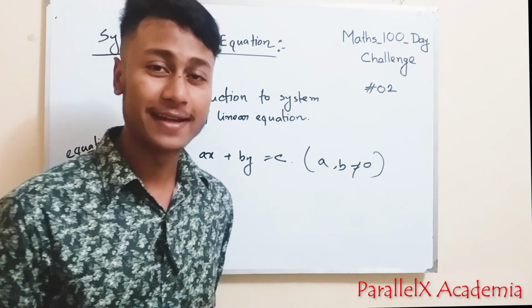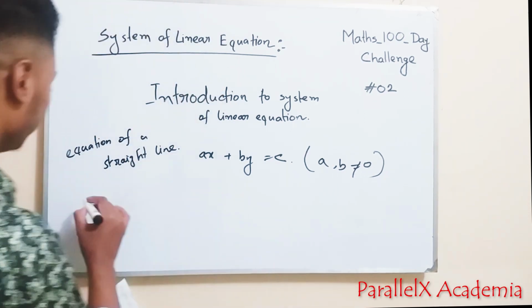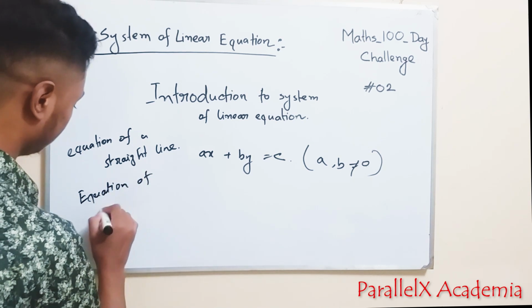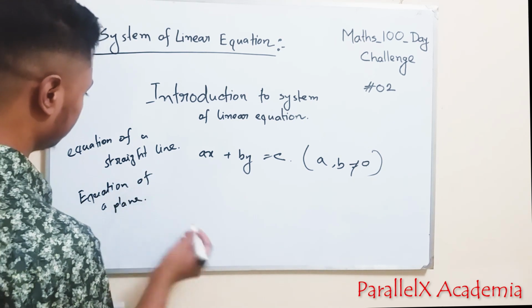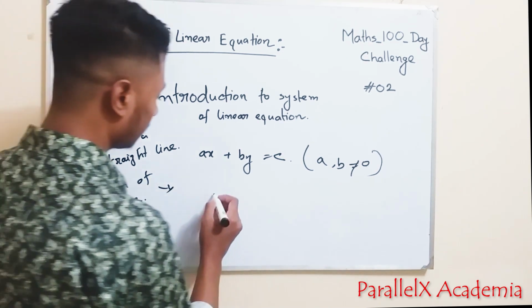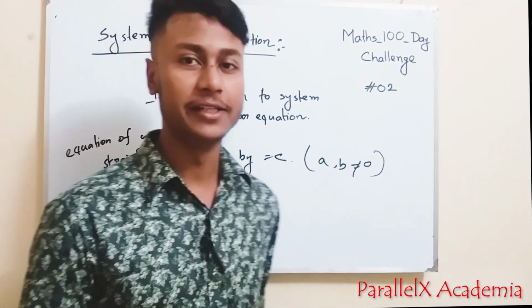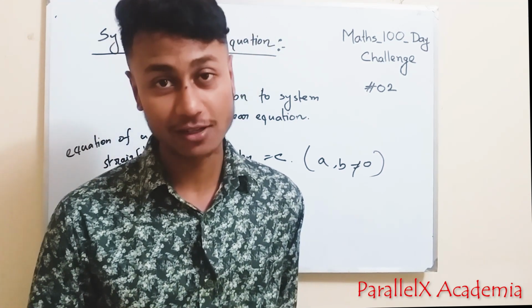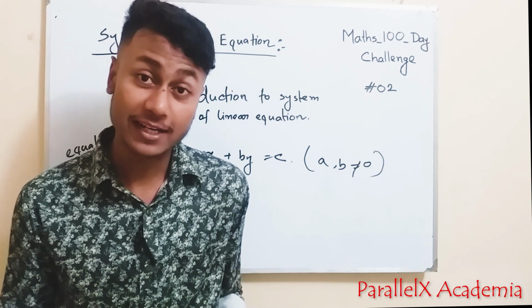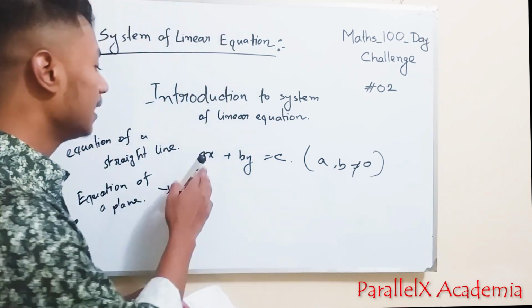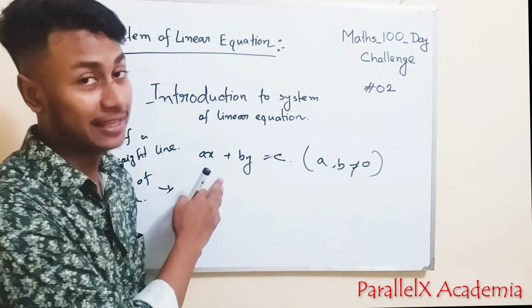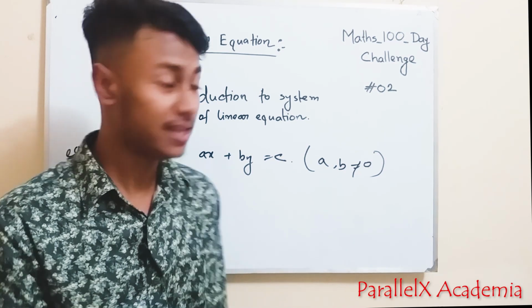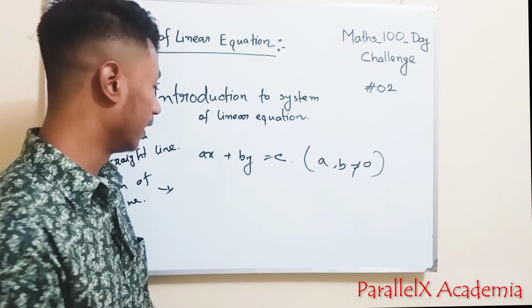Now if you want to write the equation of a plane, what can we write? A plane is obviously 3-dimensional. So if a plane is 3-dimensional, there will be x, y. In the case of a straight line, which was a 2-dimensional case, there were only 2 axes, x and y.